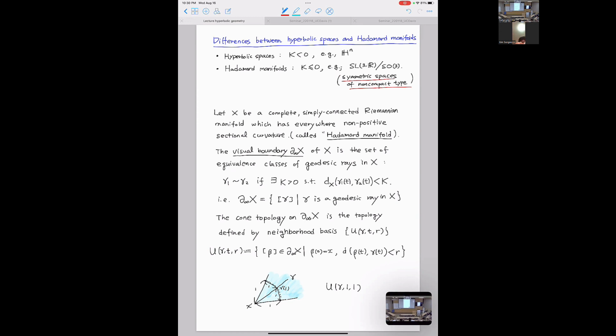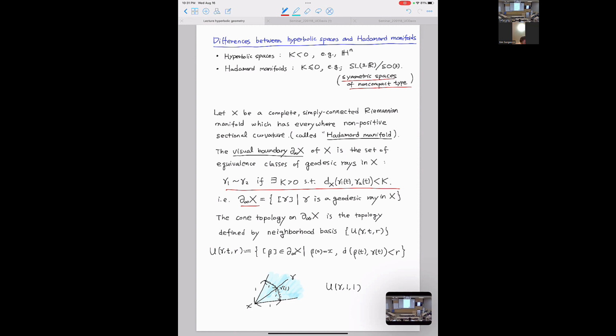Think of the set of all geodesic rays, and define a relation on this set by using the Hausdorff distance between the geodesic rays. Then the boundary is defined as the set of all equivalence classes.